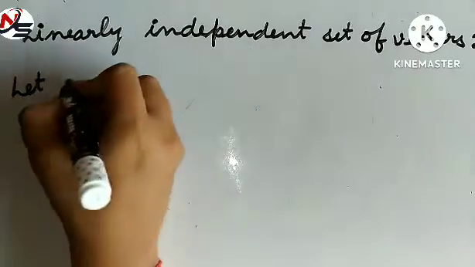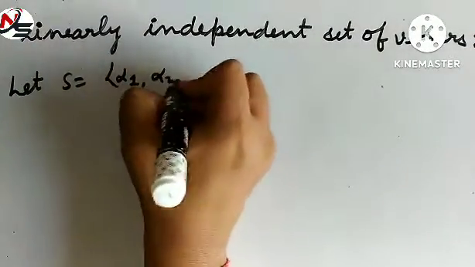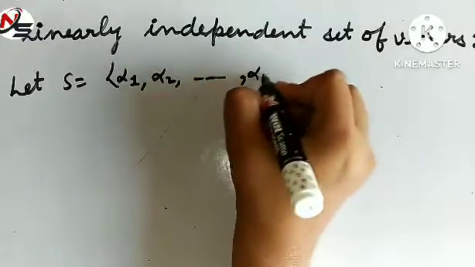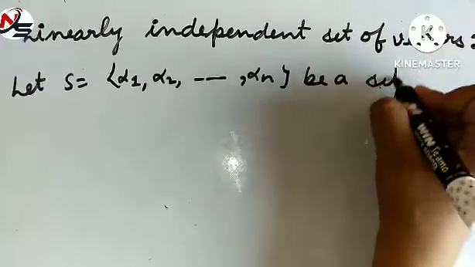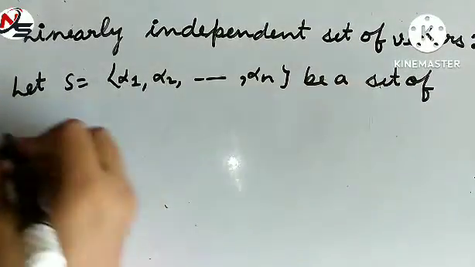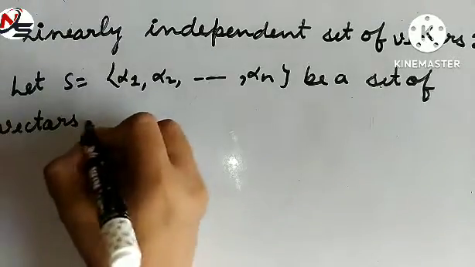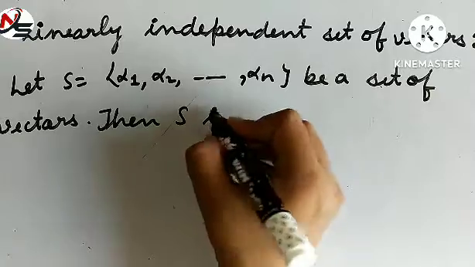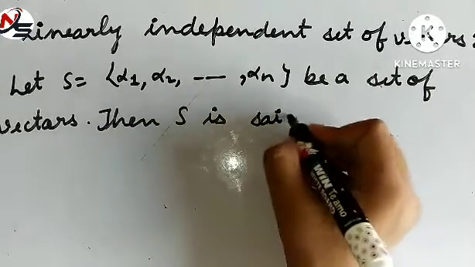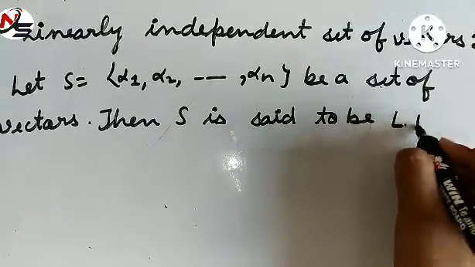Let S equal to {α1, α2, so on αn} be a set of vectors, then S is said to be LI.